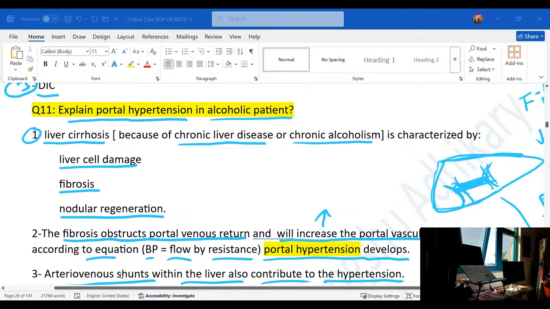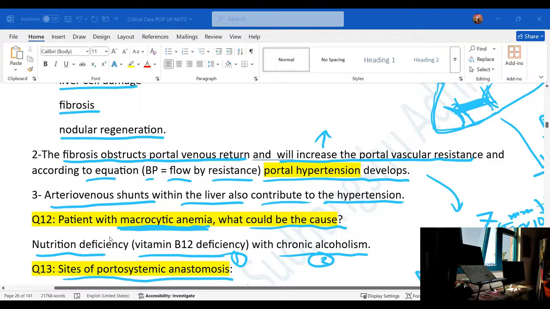The alcoholic patient has a chance of developing cirrhosis of the liver, which will cause damage to the liver hepatocytes, fibrosis, and nodular regeneration. This fibrosis obstructs the portal venous return, which will increase the portal vascular resistance, and according to the equation, blood pressure is equal to flow times resistance, it will increase portal pressure.